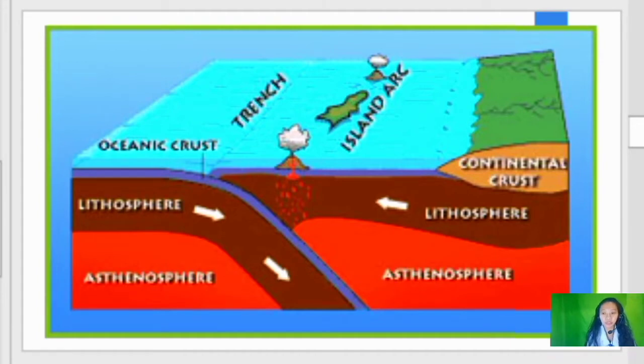As we can see here, we have two oceanic crusts converging toward each other. As the two oceanic crusts converge, the older and denser crust will undergo a subduction process. The front part of the subducting plate becomes magma upon reaching the mantle.